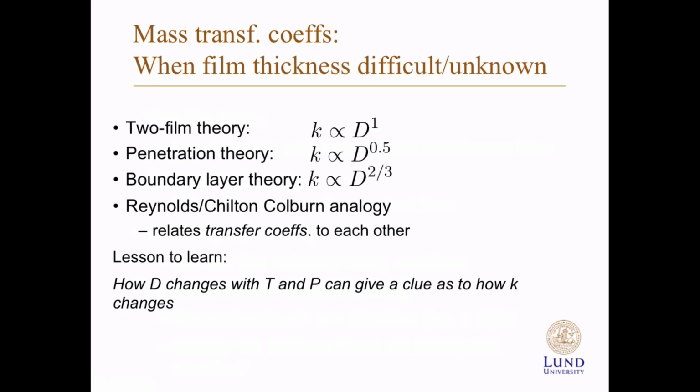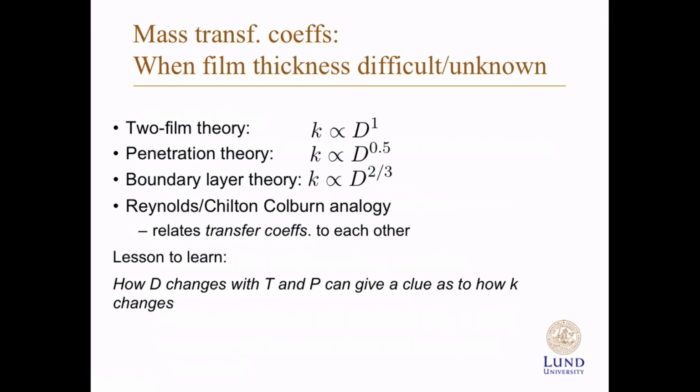So why is this important? Well, it's important if you measure the mass transfer coefficient and you have an idea of what kind of theory is best suited for my experiment. And if you want to extrapolate or interpolate the mass transfer coefficient between, for example, different temperatures, you can use this relation to get a more reasonable interpolation or extrapolation of your mass transfer coefficient.